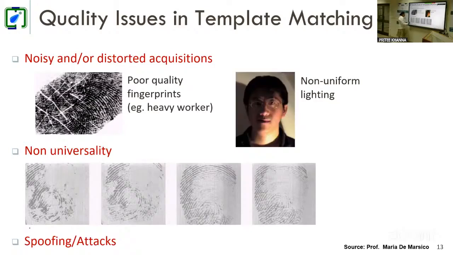Finally, the issue is how to take care of attacks, because it is not that attacks started after AI came. Attacks were there earlier also. Now they are much in discussion, and we'll take this up tomorrow.